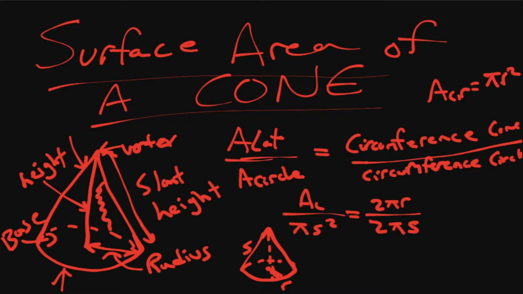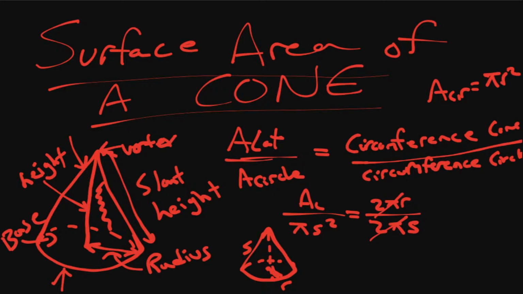Now, if we were to simplify this ratio, the 2 pi cancels out, and we're left with r over s equals lateral area over pi s squared.